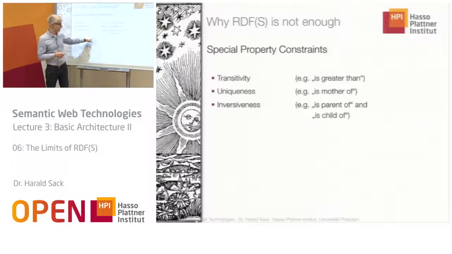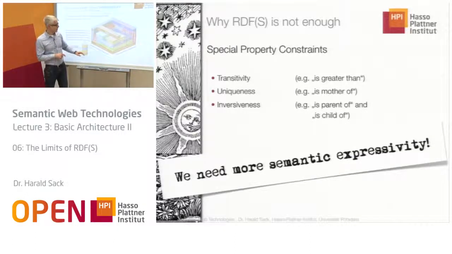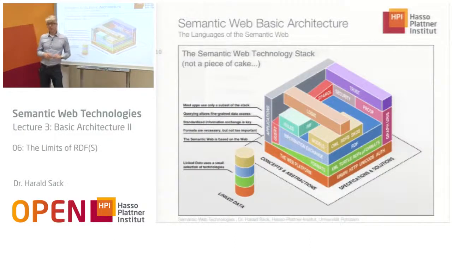So what we need in the end is more semantic expressivity. But this is not available in RDF and RDFS. This will be available in the higher levels of the semantic web basic architecture.